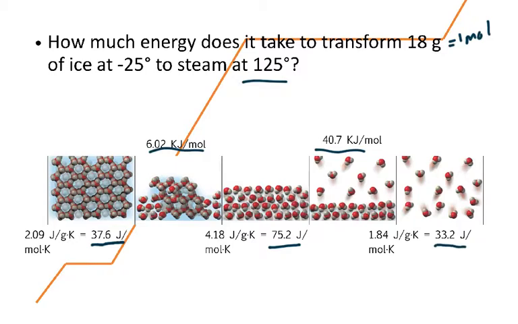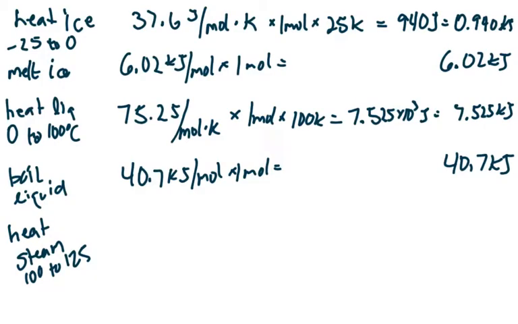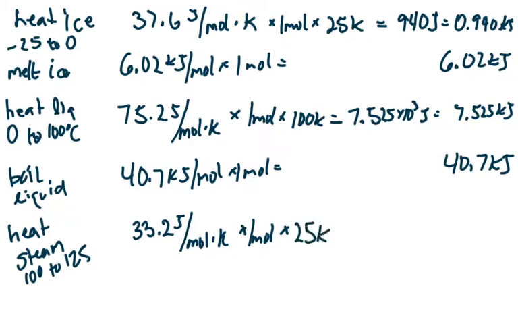That takes 33.2 joules per mole times Kelvin, times 1 mole, times 25 Kelvin, so 125 minus 100, and that will get me 831 joules, or 0.831 kilojoules.